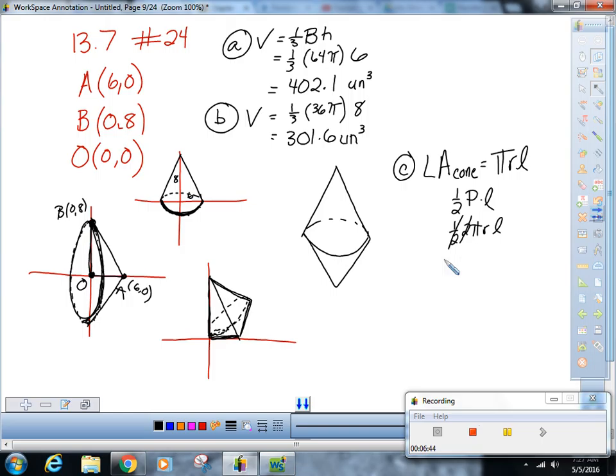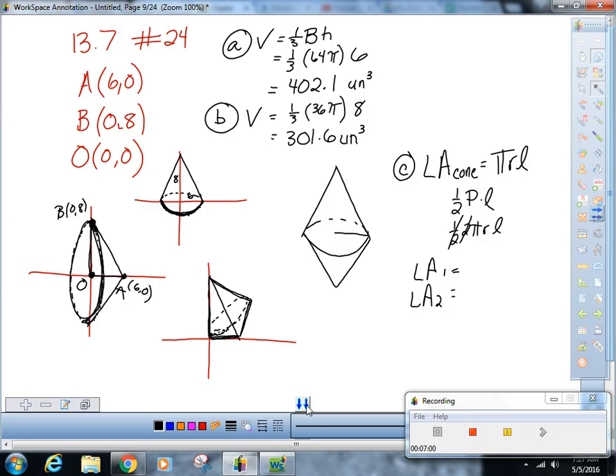That's how it comes out that way. So what we have to do is lateral area 1 and lateral area 2, because we have two different slant heights. Actually, we have the same radius, different slant heights. What is our radius? Oh, we don't know. All right, so we can figure that out.